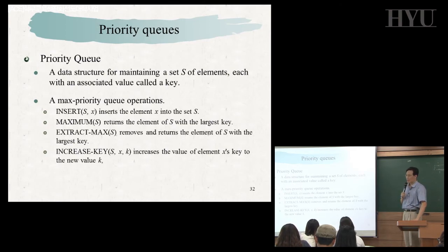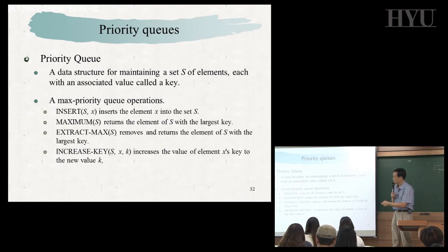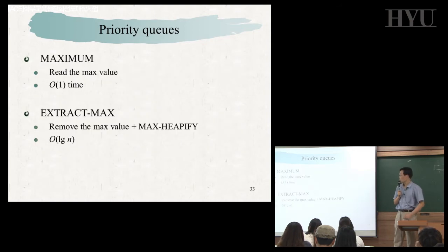So let me explain them one by one. And assume that we implement those operations using heaps. Then these two operations are quite simple. I already explained the extract max. It's like this.